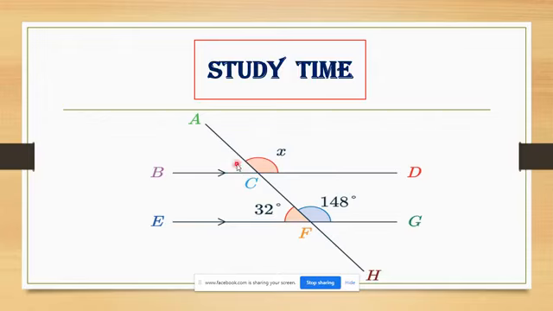So this will automatically be 32, and this is 32, this is 32, they will be corresponding angles, and our property will be proved that corresponding angles are congruent, meaning the lines are parallel.